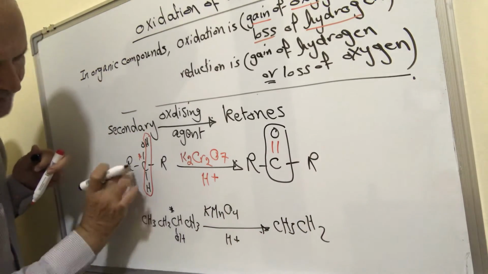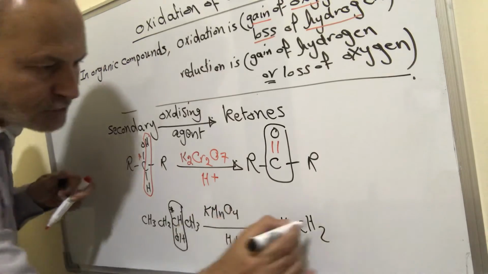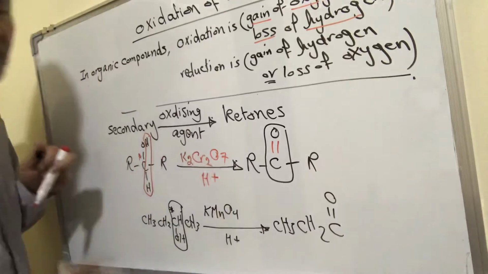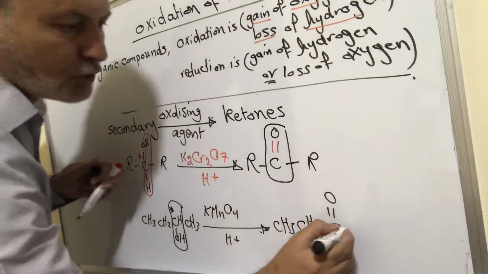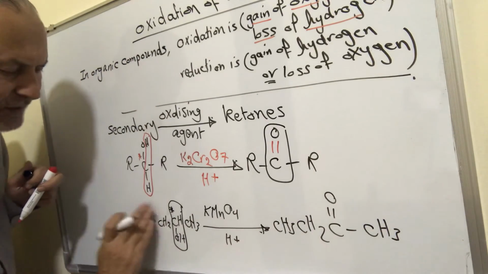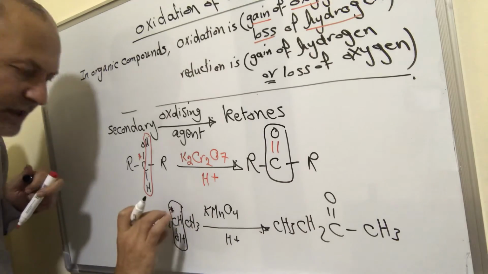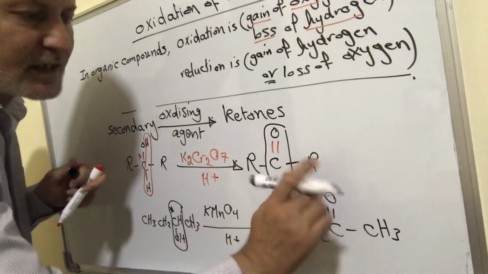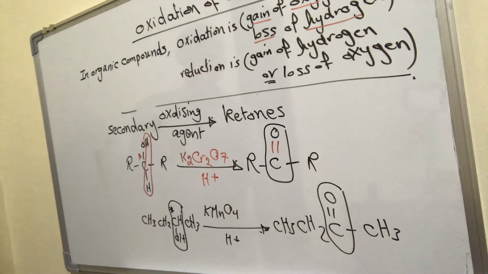This is the R here, and this is the second R. This is the important part. I would change it into C double bond O, like that. Since it is secondary, it would give you a ketone, and continue with the other part. This is what you should do. Only write the 2 R groups as they are, but once you reach the carbon atom with the OH, change it into C double bond O. So now you are writing the ketone.